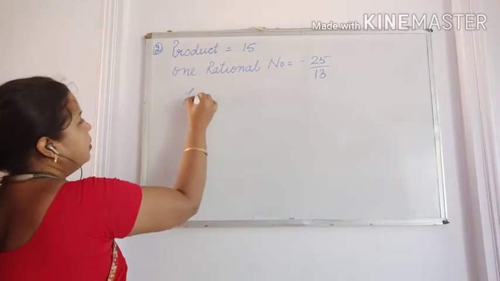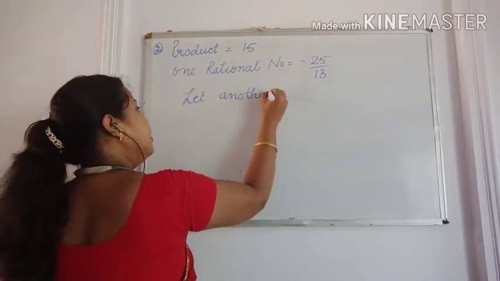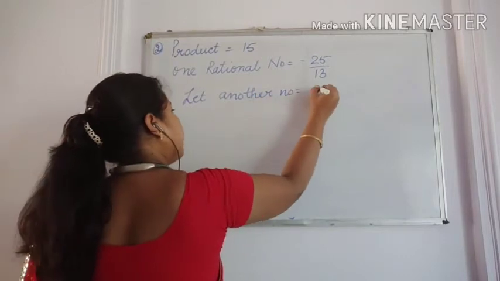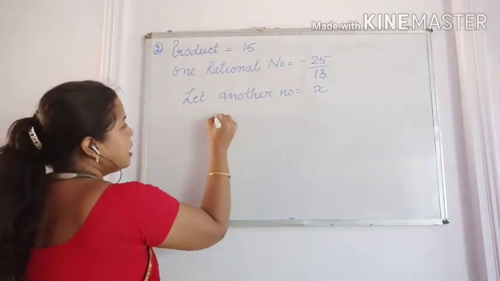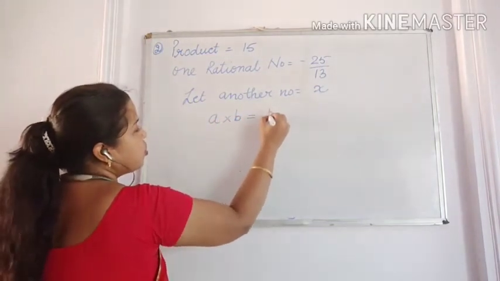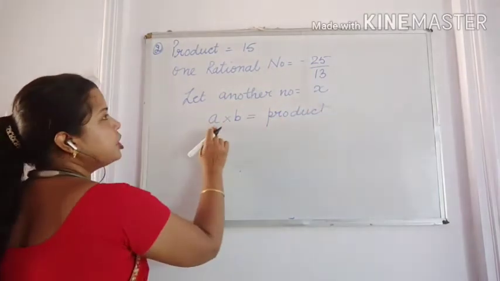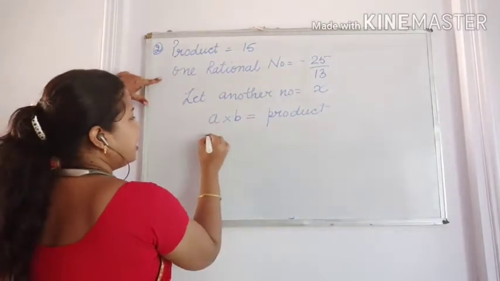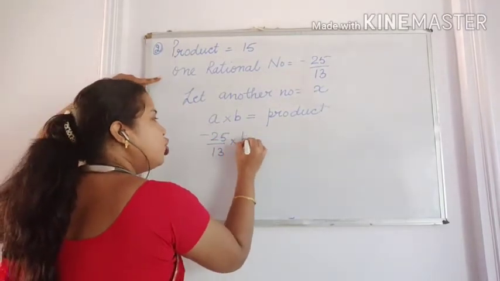Let the other number be x. Beta, product is written. So what is the equation we will write? A multiplied by B equals product. The first rational number I wrote here, that is minus 25 upon 13. B we don't know.